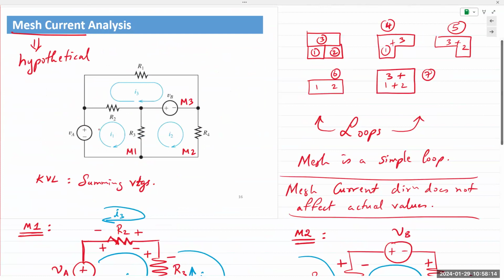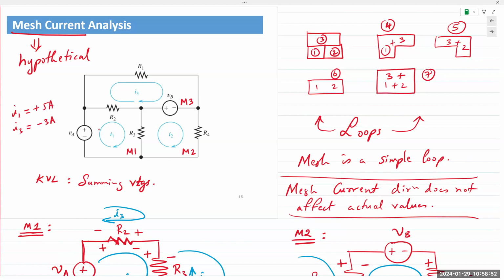Let's say, I mean, we'll do an example where it'll make more sense, but let's say I1 was plus 5 amps, and then you found I3 to be minus 3 amps. As an example, I1 was plus 5 amps, I3 was minus 3 amps. So now we know the values for these hypothetical currents, not real currents.